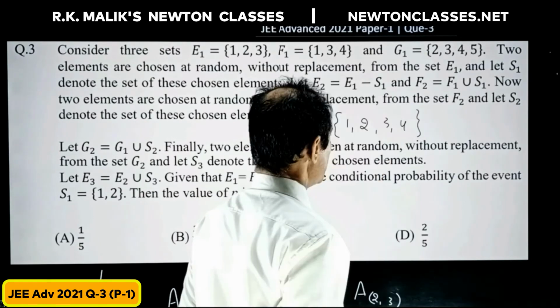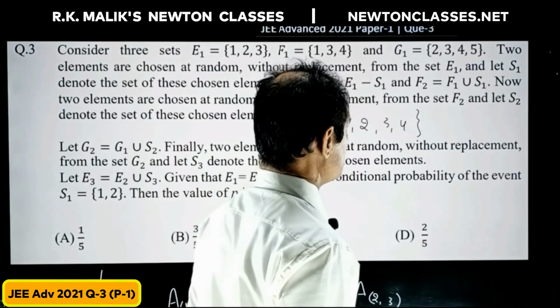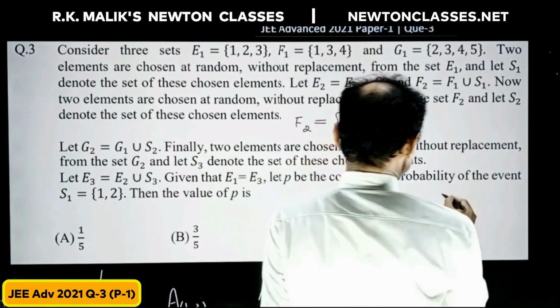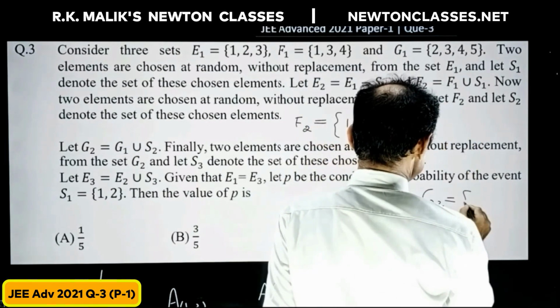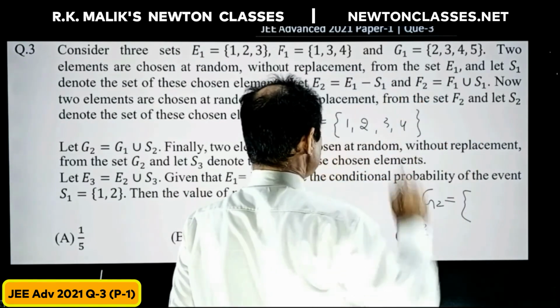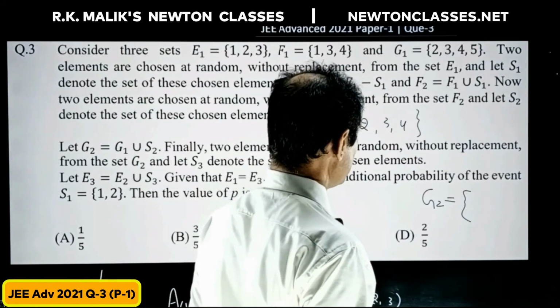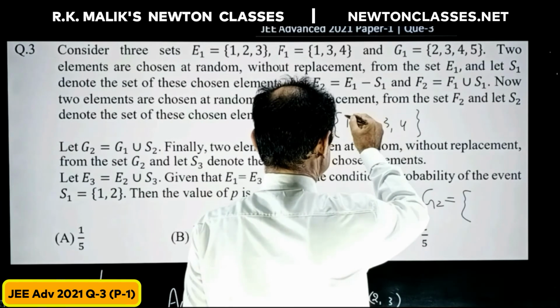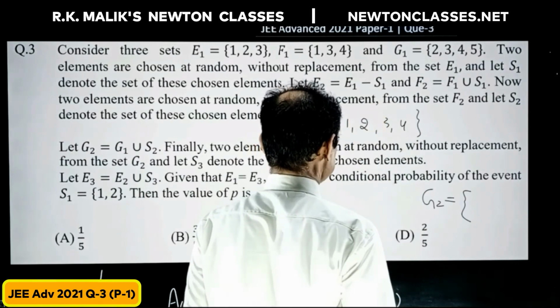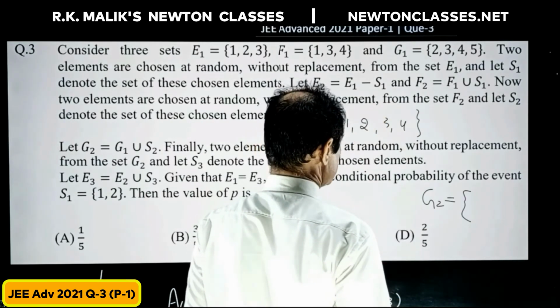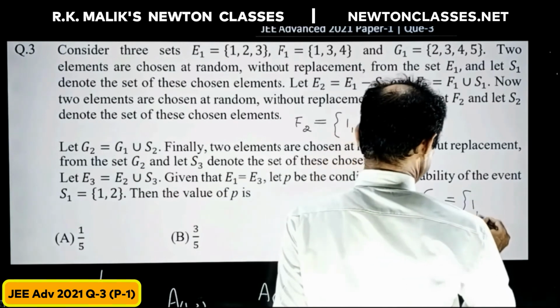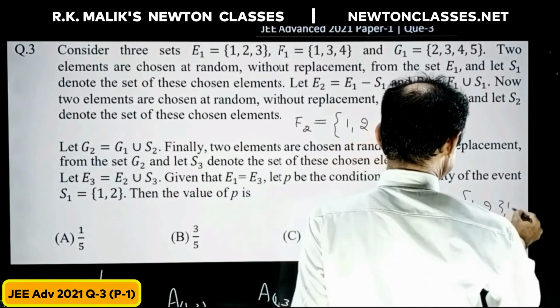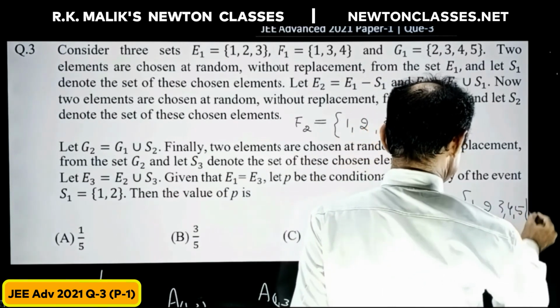In this case, there are two possible sets G2. One will be containing the element 1. That will happen when the chosen pair from F2 has one of the elements 1, and in this case G2 will become 1, 2, 3, 4, 5.